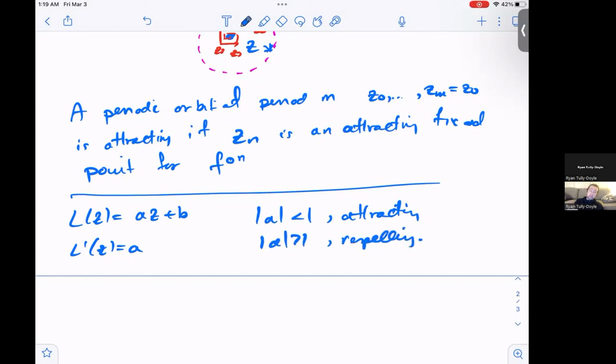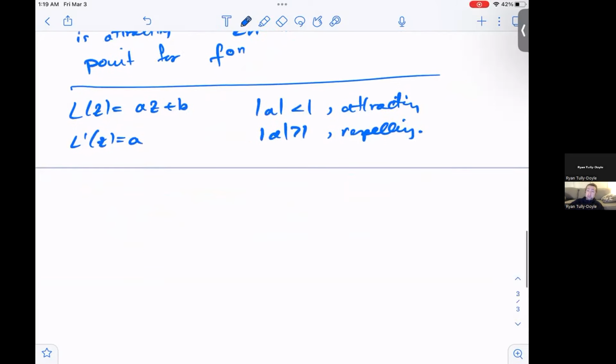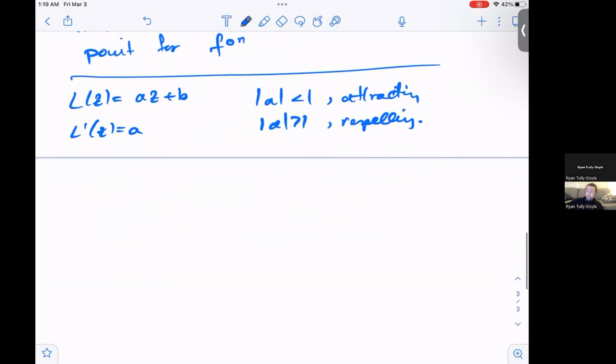And if the modulus of a was greater than 1, then you were repelling. And we're going to do the same thing here. We're going to use the derivative. We're going to evaluate it at a fixed point. We're going to notice that if we do that, we're essentially constructing the linear approximation for the function at the fixed point. If the a value is less than 1 in modulus, it means that you're spiraling in. If the a value is larger than 1 in modulus, it means you're being pushed away. And that's the content of the next definition.